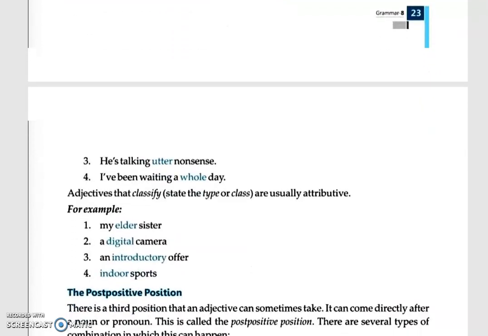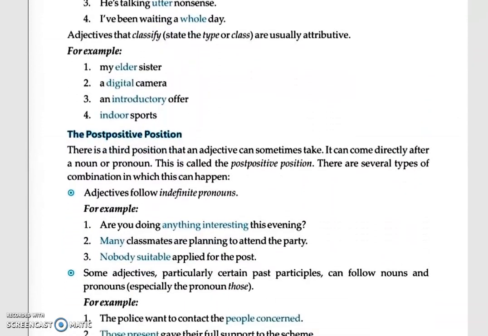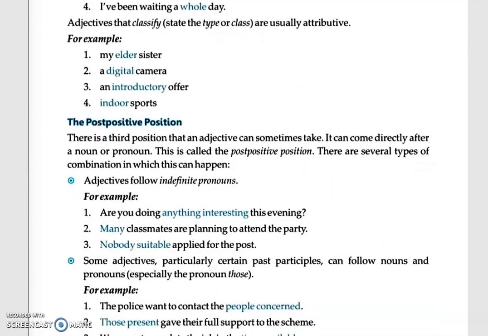So for example, my elder sister, a digital camera, an introductory offer, indoor sports. Look at the way these are used here. We have the noun at the end, and the attributive adjective is before the noun. We have camera as the noun and digital as the adjective, offer as the noun and introductory as the adjective, sports as the noun and indoor as the adjective.